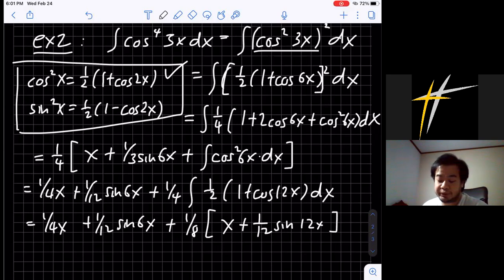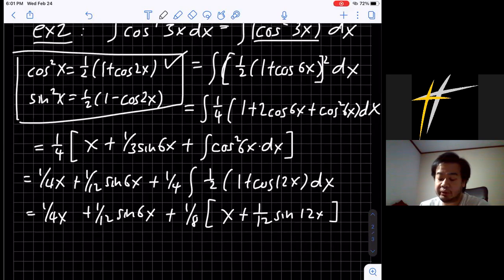Okay, that's done. Now we are all done with the integral sign. Now we need to simplify.